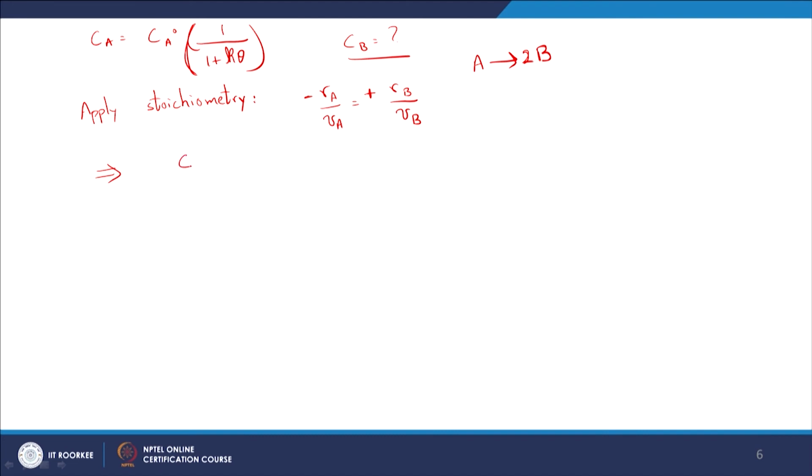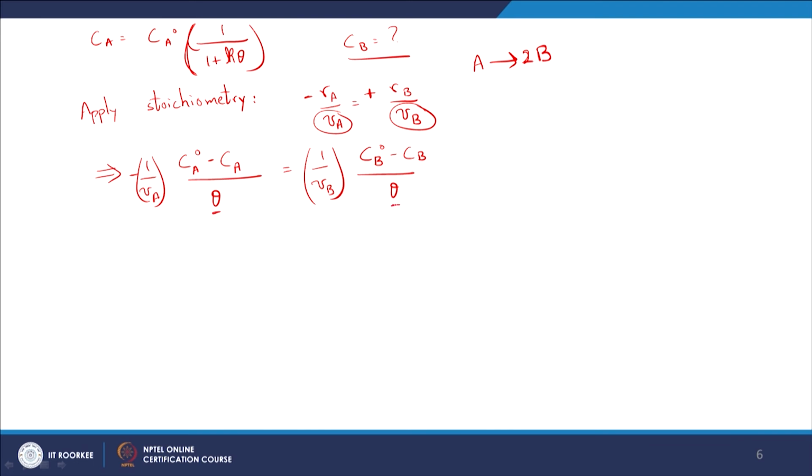What is it that we have? We have Ca naught minus Ca, right? But here instead of time it's going to be obviously theta, right? Theta into what is going to be here, Cb naught minus Cb by theta, and obviously here you are going to have the same stoichiometric coefficients here, 1 by mu A, minus 1 by mu A, and here I am going to have 1 by mu B, right?